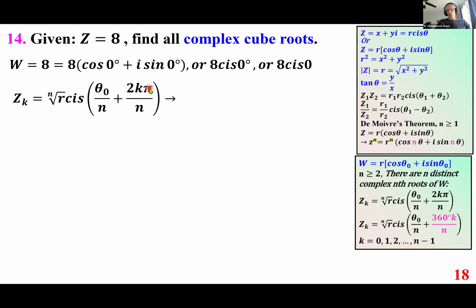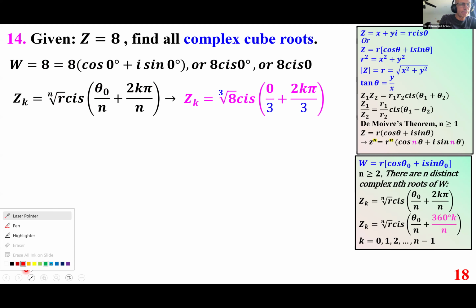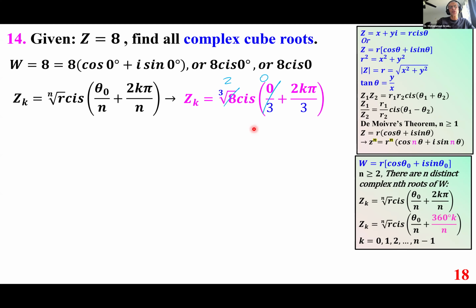And if we're going to go with the radians, as I said, 2k pi. Needless to say, this is 0, 0 over 3 or 0. So basically, we have 2 cis 2k pi over 3.